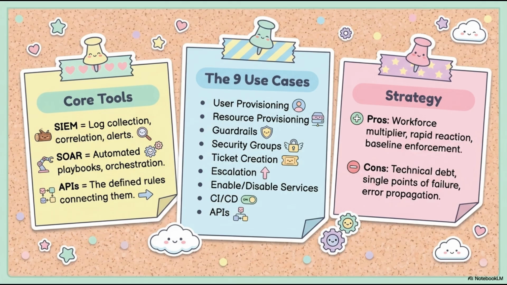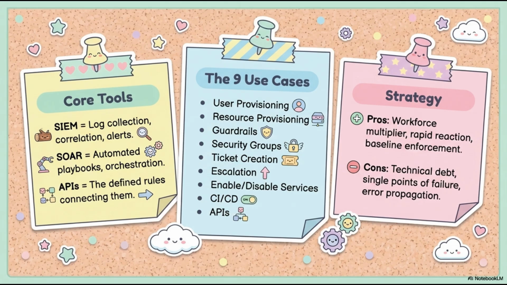For the Security Plus exam, remember the key use cases of automation and scripting include user provisioning, resource provisioning, guardrails, security groups, ticket creation, escalation, enabling and disabling services and access, continuous integration and testing, and API-driven integrations.